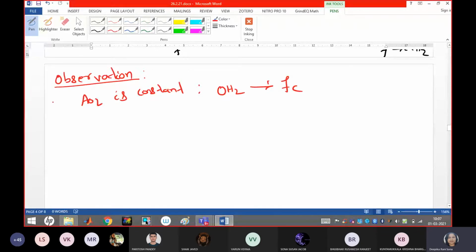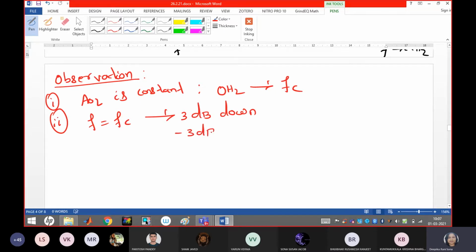What is the second point of observation? We observe that when F equals Fc, the gain is 3 dB down from its value at 0 Hz. That's why the frequency Fc is also called the minus 3 dB frequency.